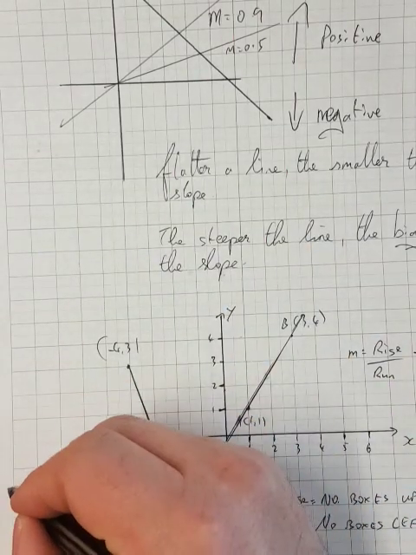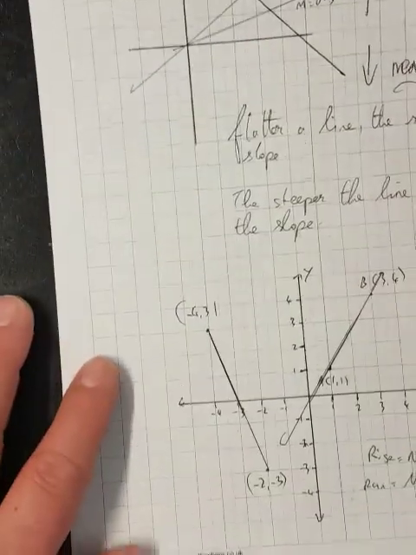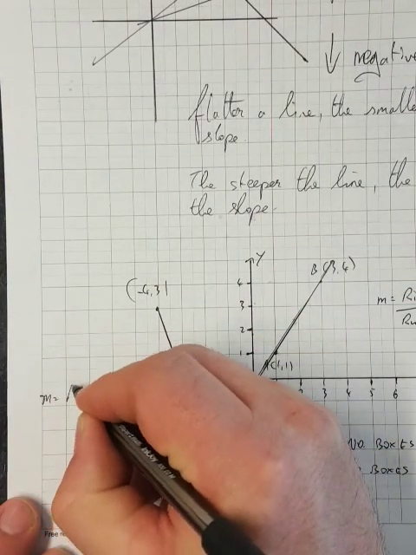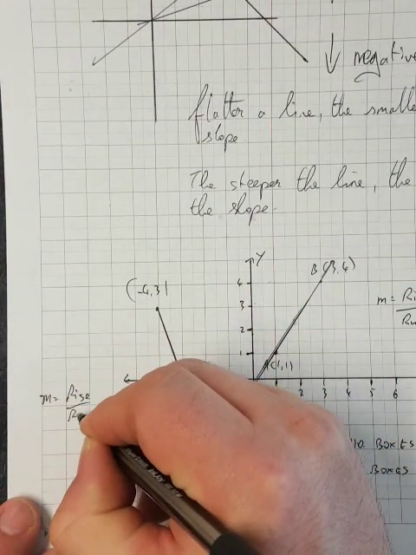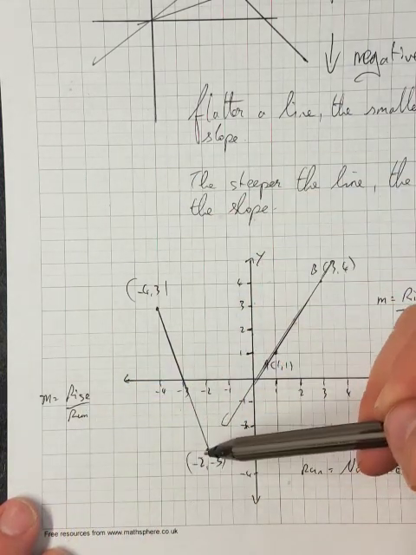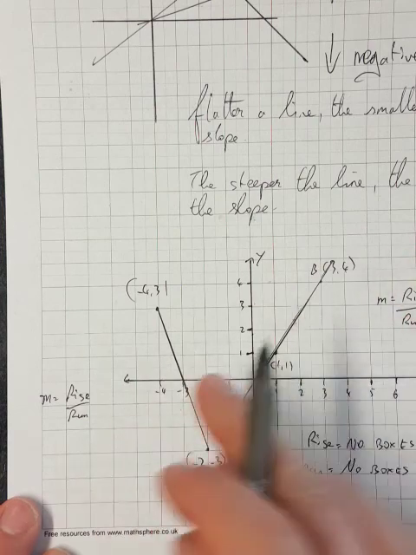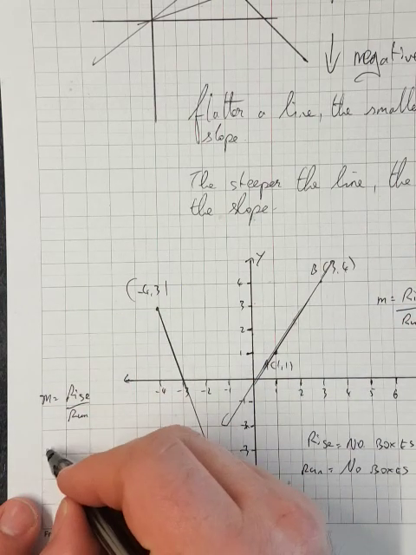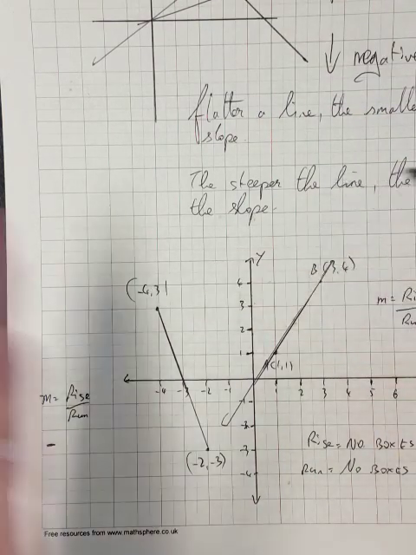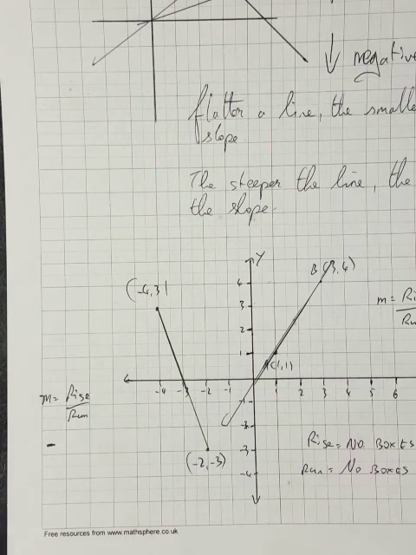So m is equal to rise over run. So our rise is up or down. By the way, this time this line is going down. So straight away I'm going to stick a minus in front of it because, as we said above, if your line going from left to right is going down, it's a negative slope value. So stick a minus in straight away.